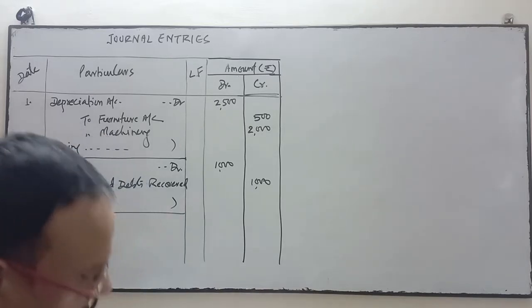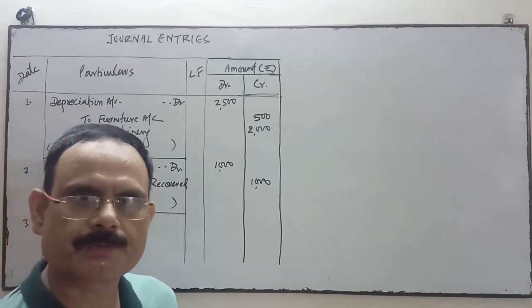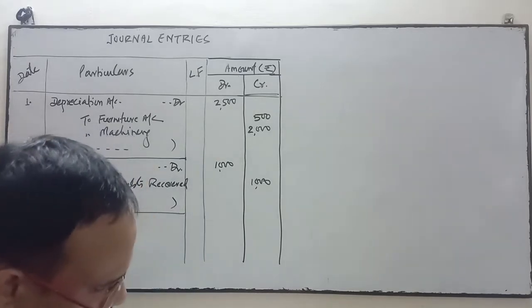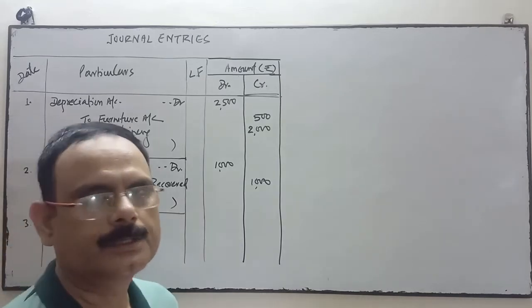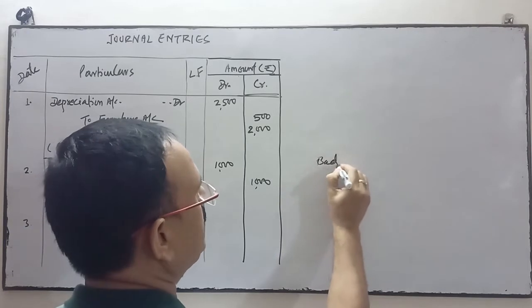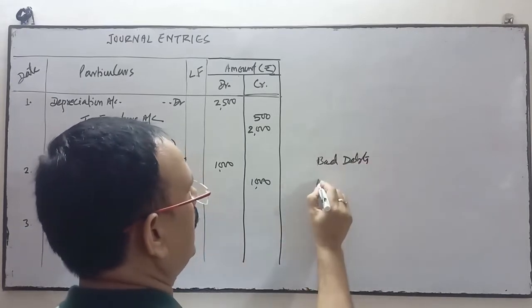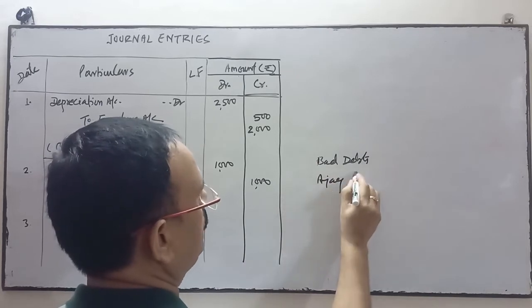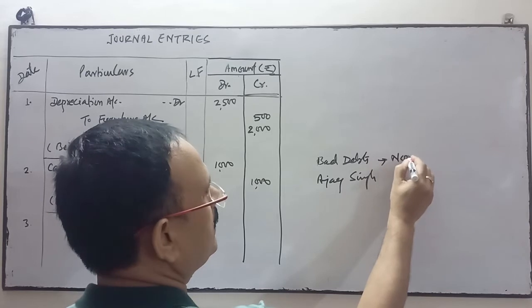So when he was declared bankrupt, he owed us 2,500, and nothing could be recovered from his estate. Nothing recovered from his estate means it is bad debts. Bad debts account and Ajay Singh account. Bad debts comes under nominal account.